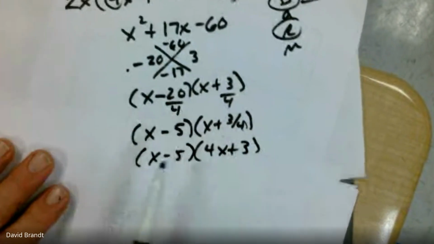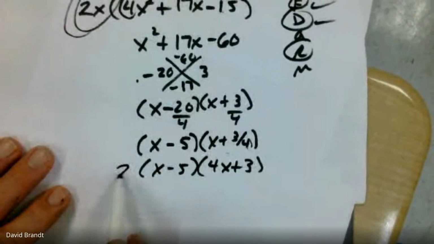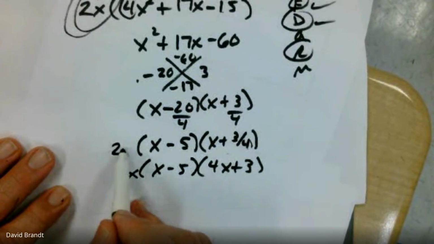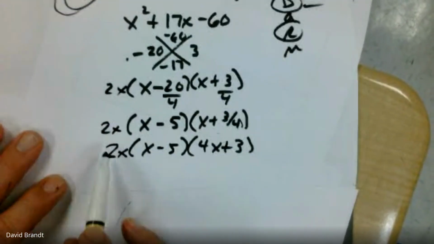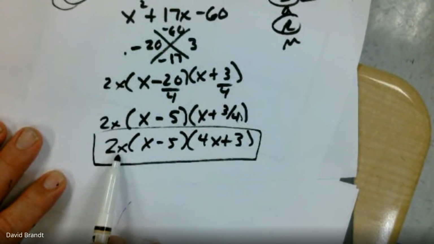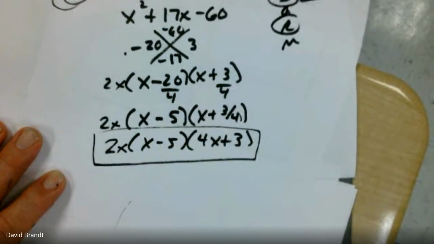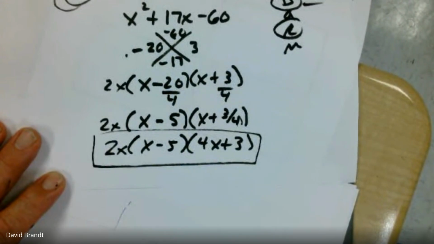But don't forget that greatest common factor you took out? That needs to stay in front. In fact, that should have stayed in front all the way, but that is your factored form right here. We took out the greatest common factor, and then we did the red motorcycle method to get the rest. That's how you factor difficult trinomials.